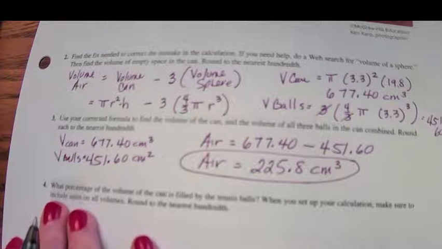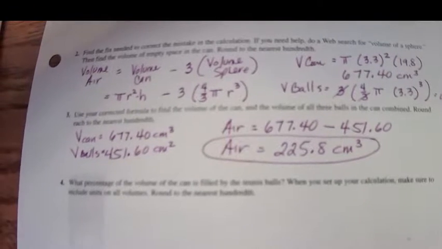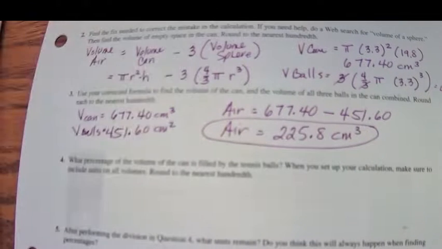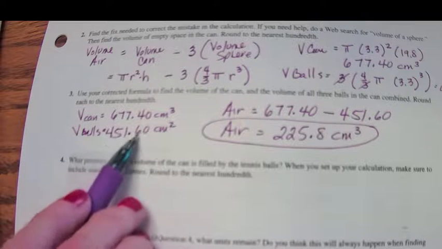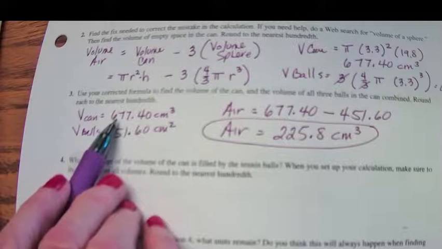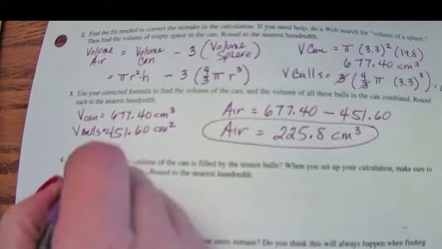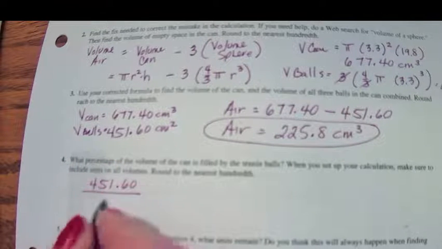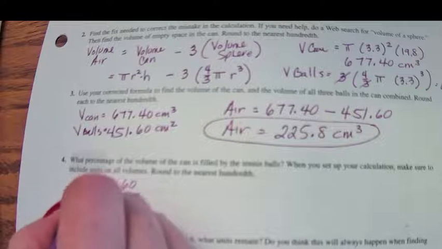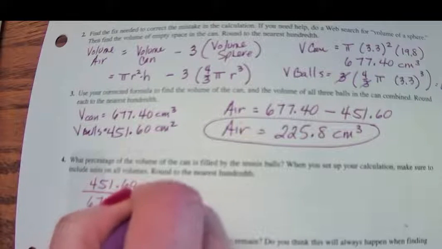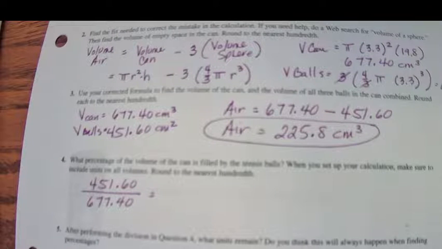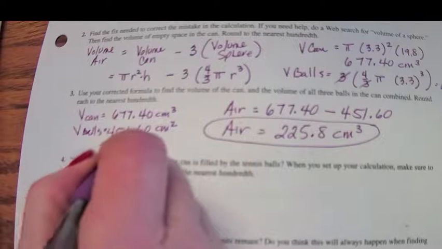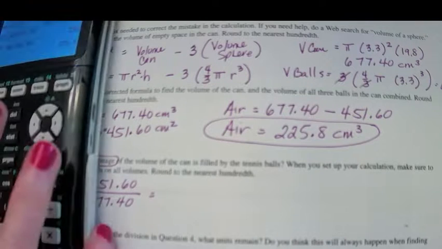So the next question is, what is the percentage of the volume that is filled by the tennis balls? Well, if the tennis balls are 451.60 and the whole can is 677.40, the percentage is going to be how much of the whole can the tennis balls are taking up. Now this is going to come out to a decimal. We're going to have to move the decimal place over 2 to change our answer to a percentage.